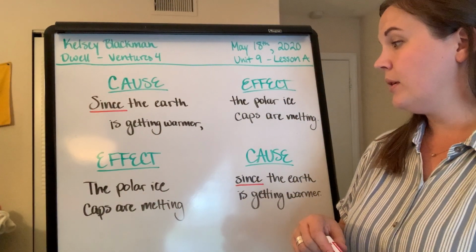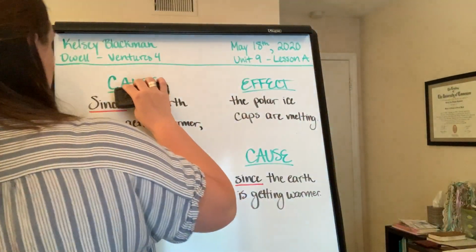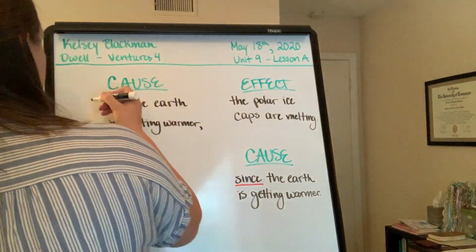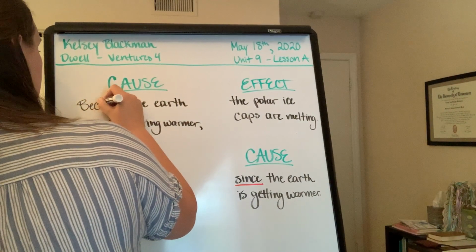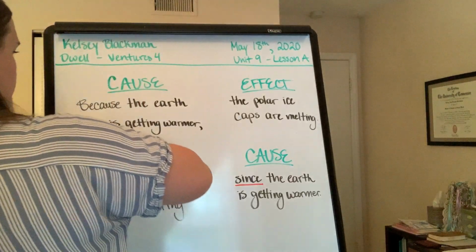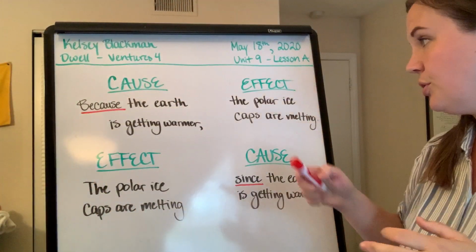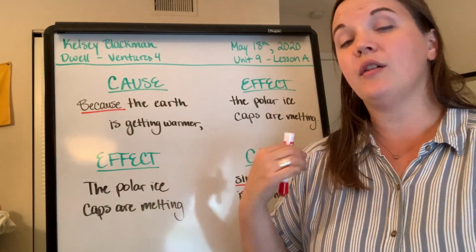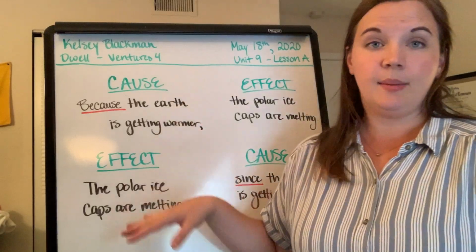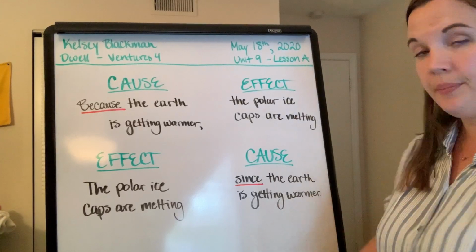You could also say, because the Earth is getting warmer, and it would be the same thing. Because it still introduces a clause of reason. Okay? And then the same thing goes this way. The polar ice caps are melting since the Earth is getting warmer.